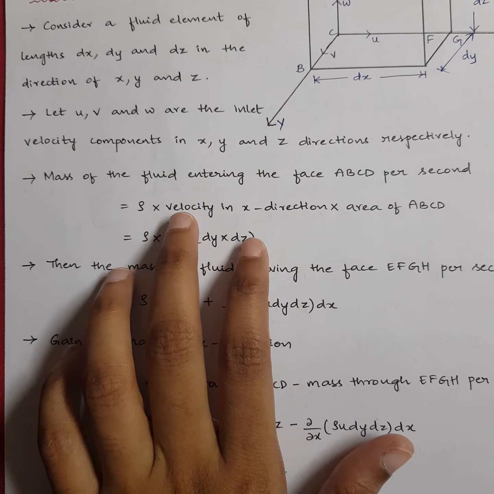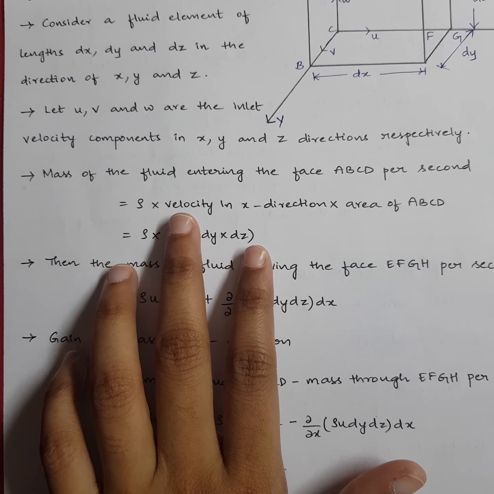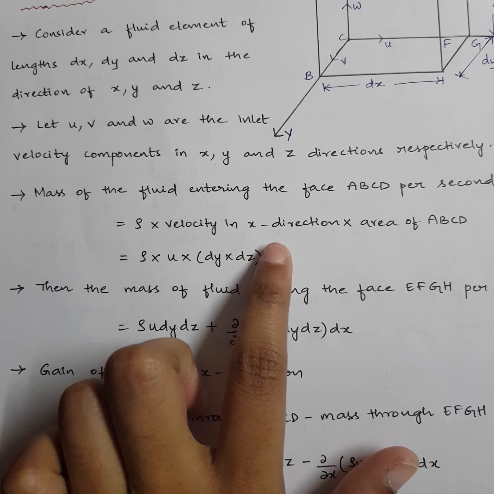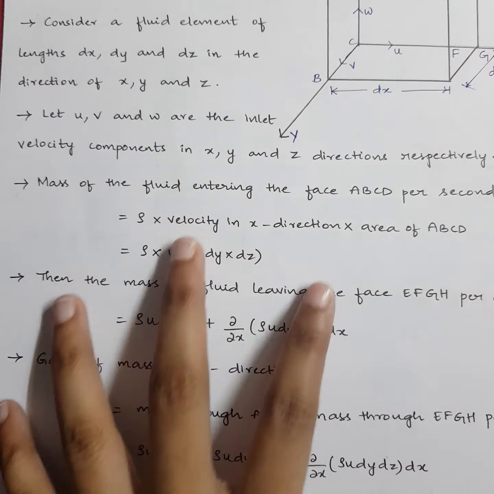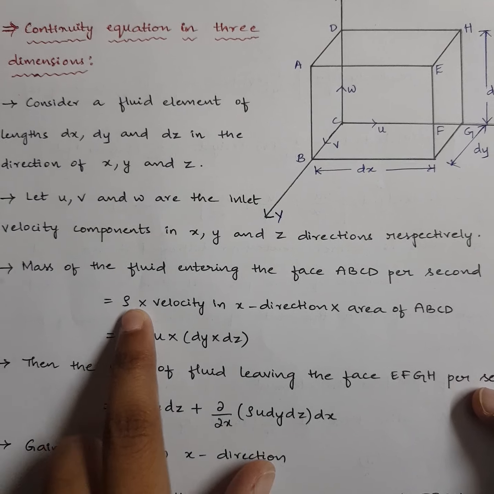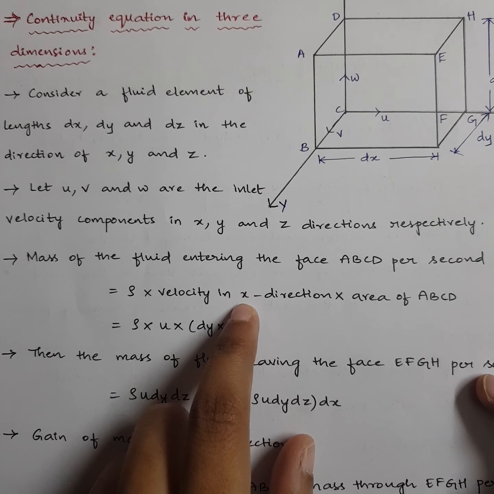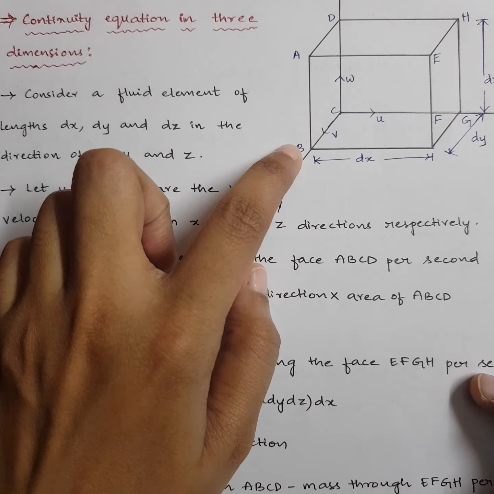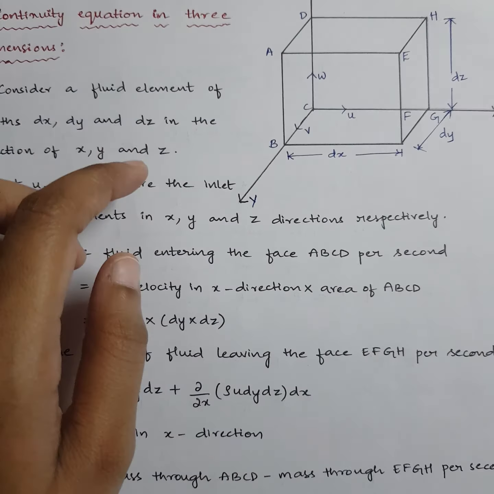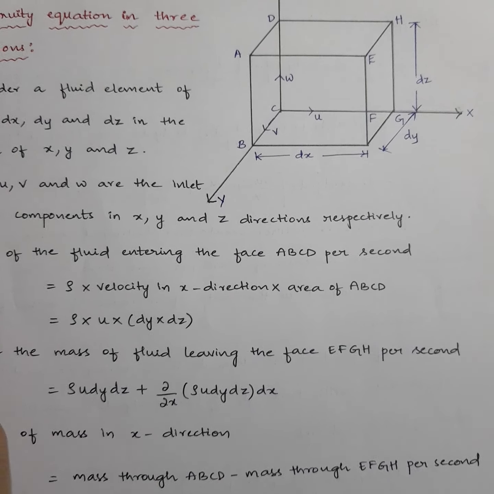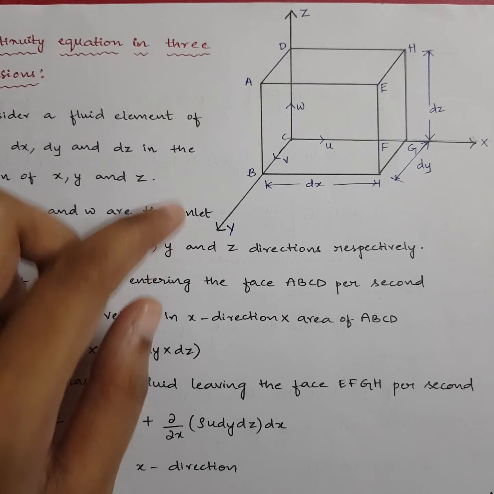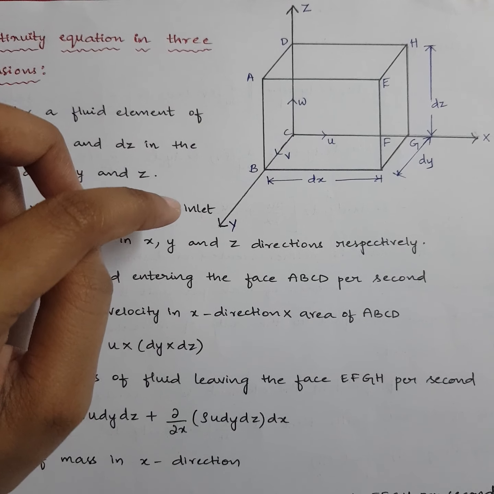In the same way, the mass of the fluid entering the face ABCD per second is equal to rho into area into velocity in the x direction. Why? Because this is the x direction I'm considering in the fluid element. The area is the area of the face ABCD, because it's entering through ABCD. It's a rectangle, so the area will be the product of two dimensions, dy into dz.